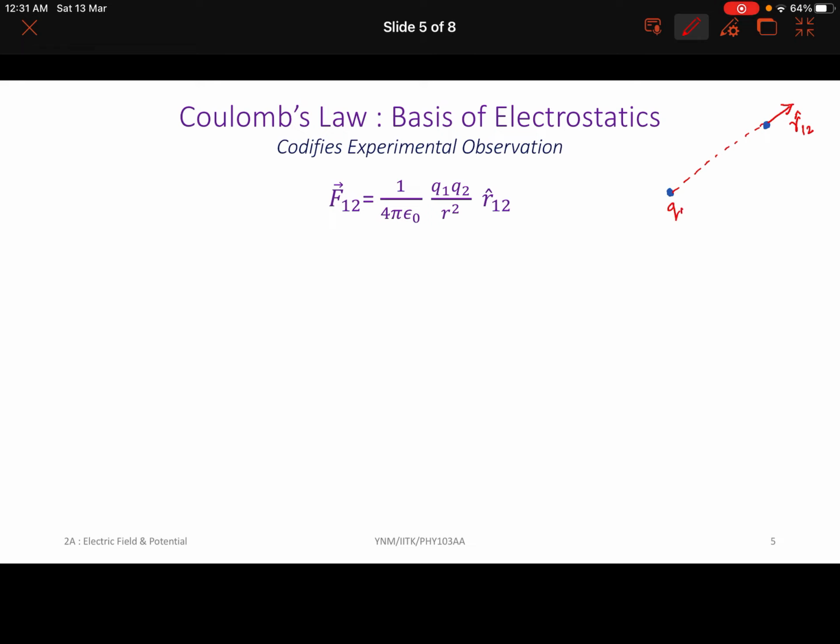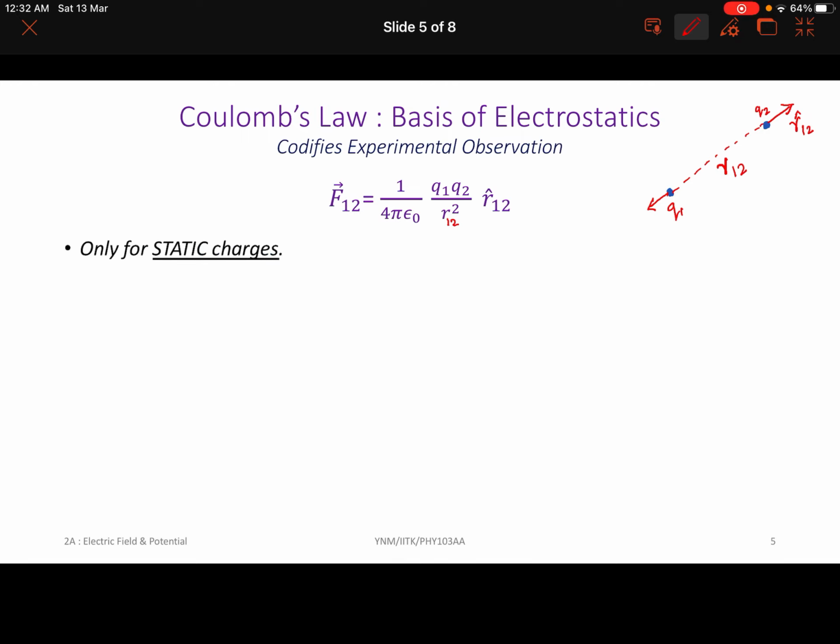This is Q1, this is Q2, and the distance is R12, and hence this is R12 squared. So that's the force, and of course Q1 also experiences a force.